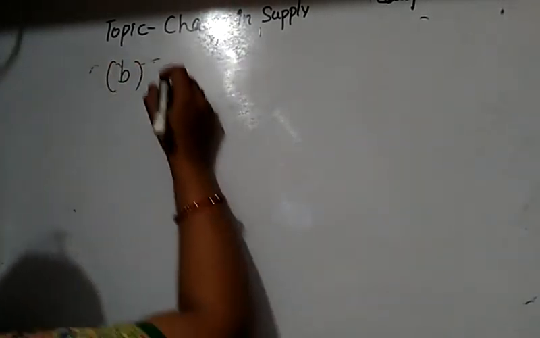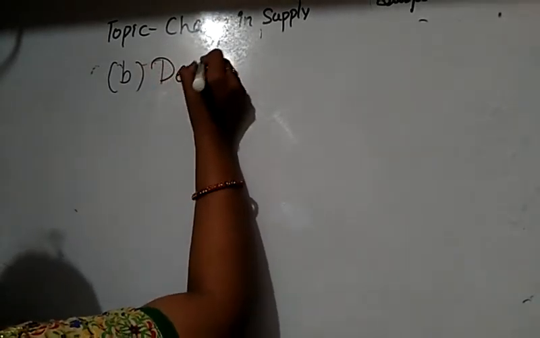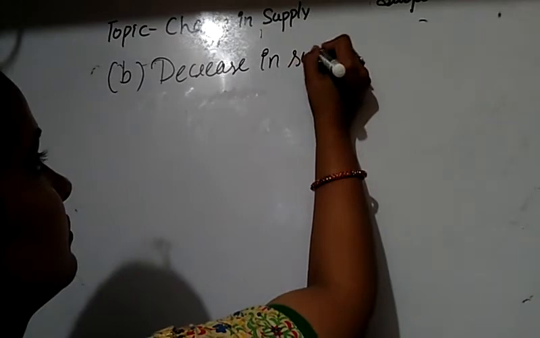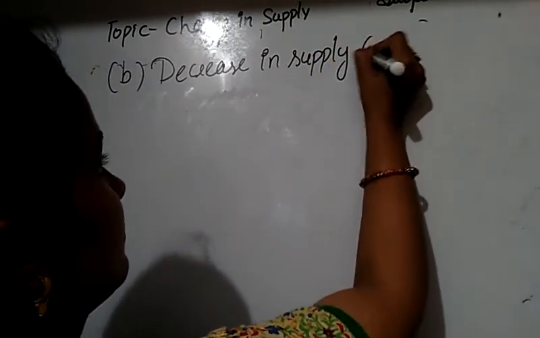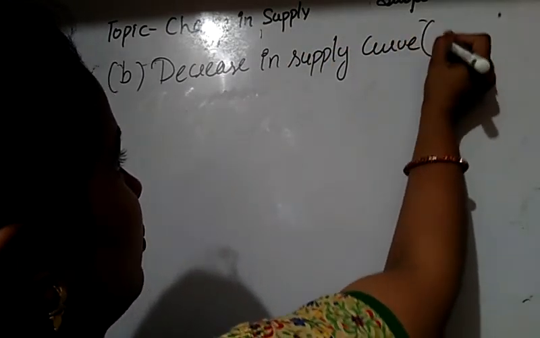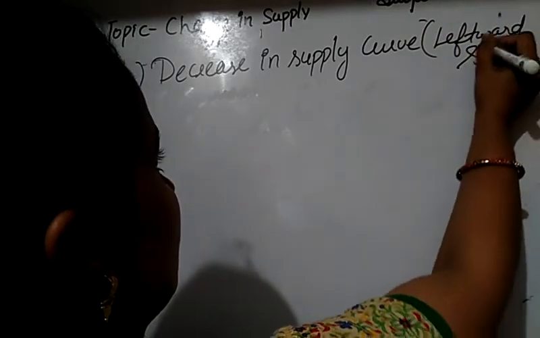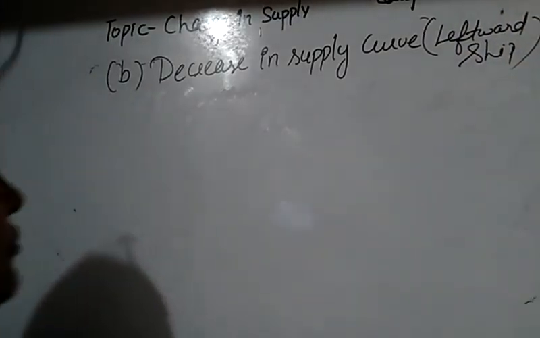Next is the leftward shift, or decrease in supply curve. So part B under shift in supply curve is decrease in supply, or the leftward shift.